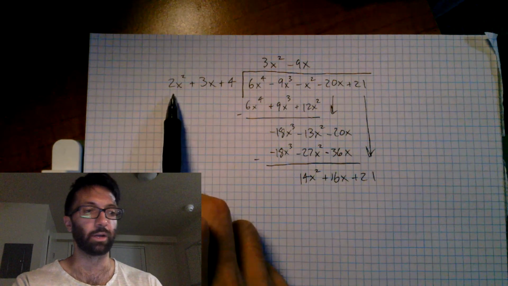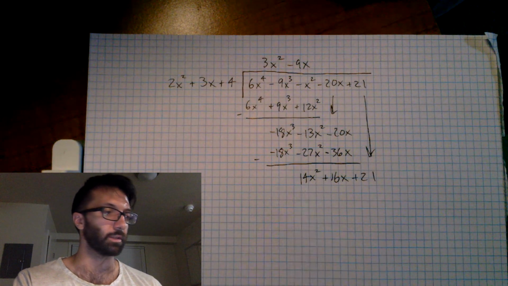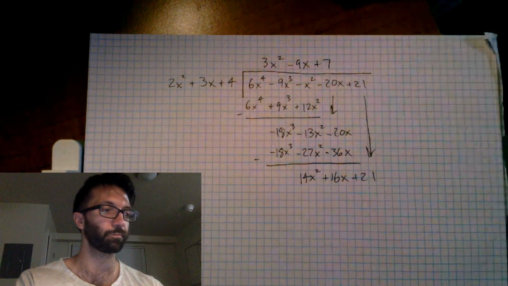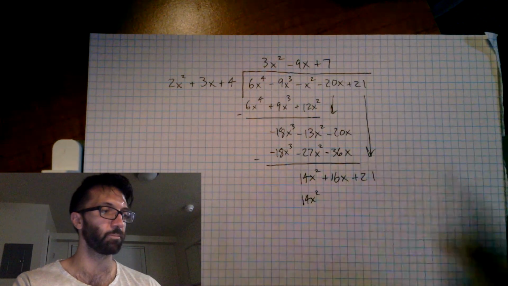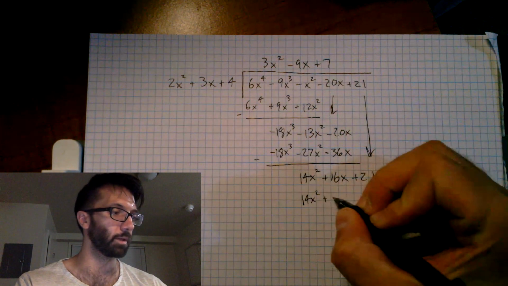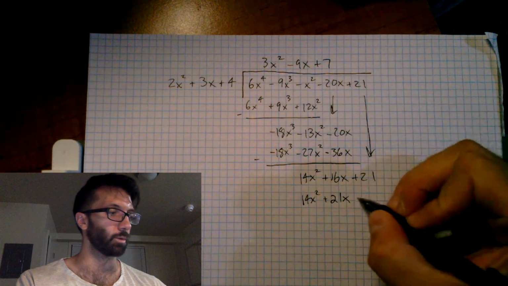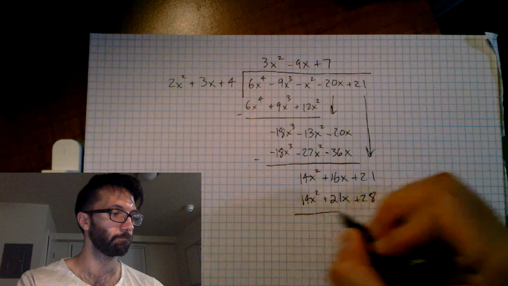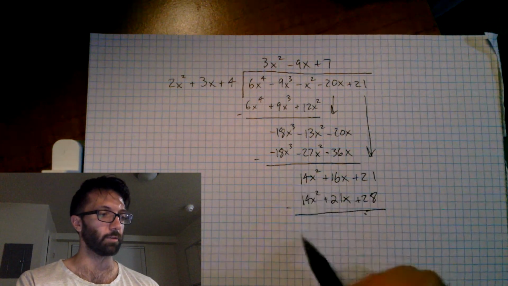So what do we multiply 2x squared by to get 14x squared? Well, that's just going to be positive 7. Multiply it through. 7 times positive 3x is just going to be a plus 21x. And then 7 times 4 is 28. Subtract it off. That's 0.